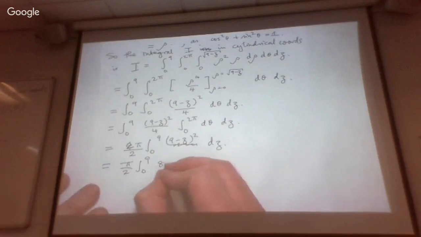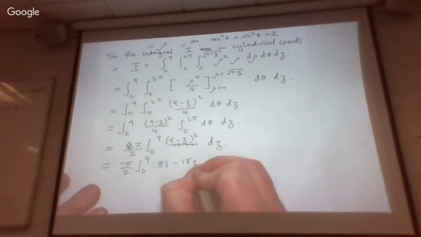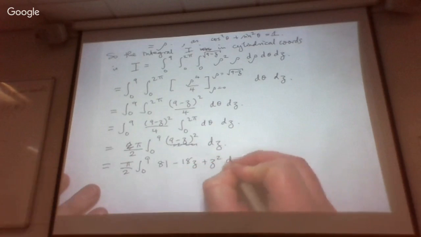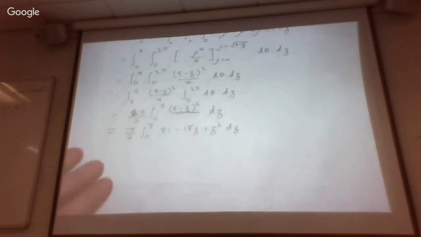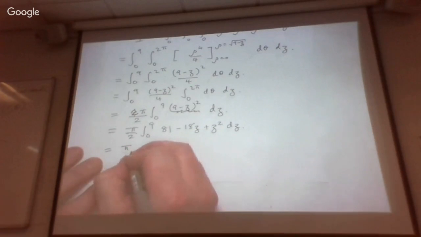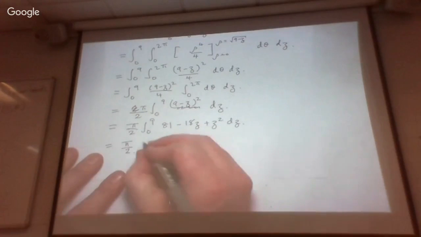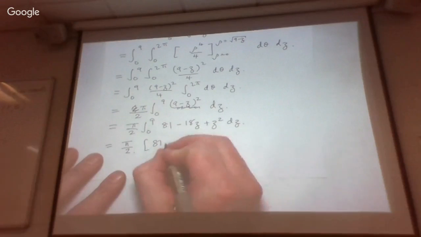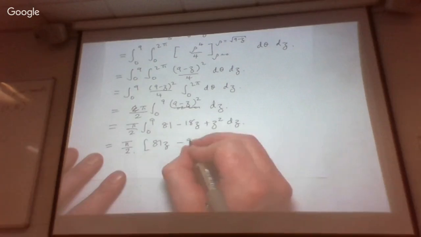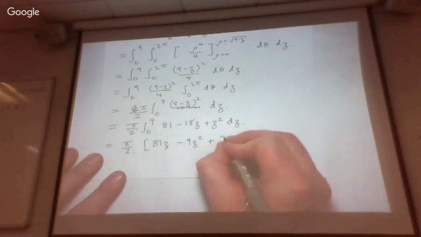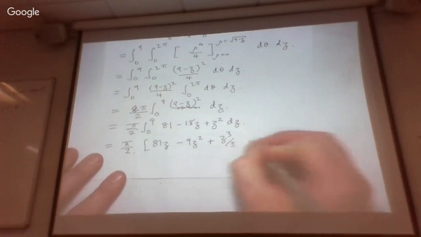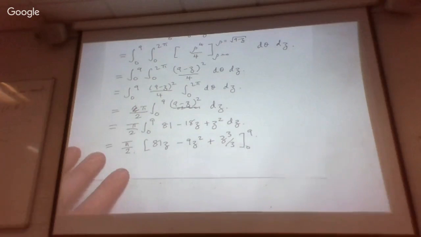So it's 81 minus 18z plus z squared, dz. And that is whatever it is: 81z minus 9z squared plus z cubed over 3, evaluated at 0 and 9.